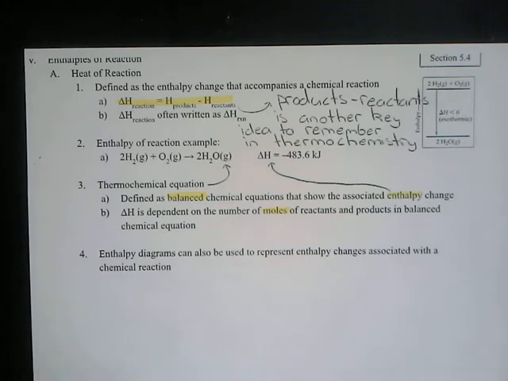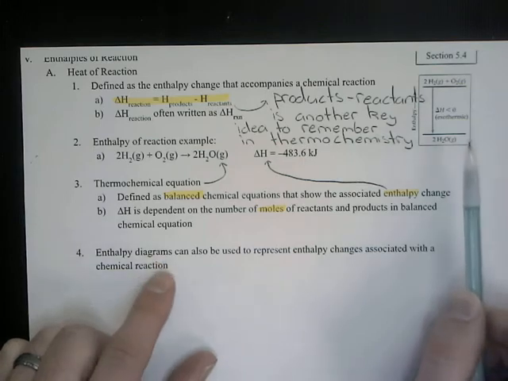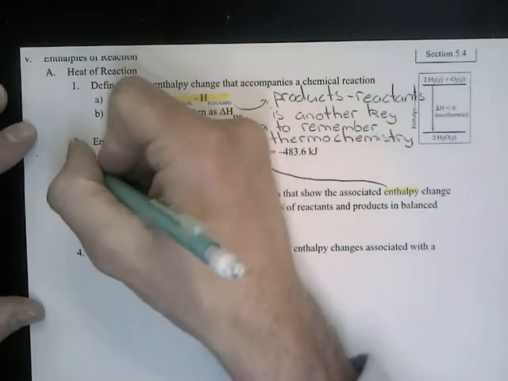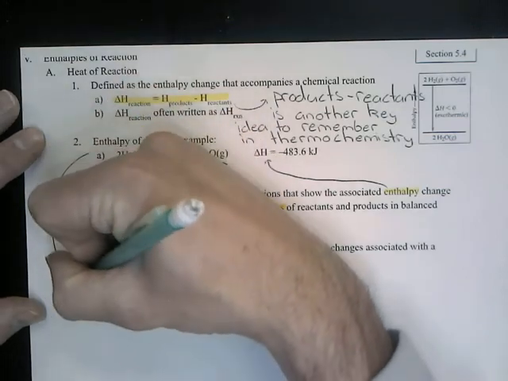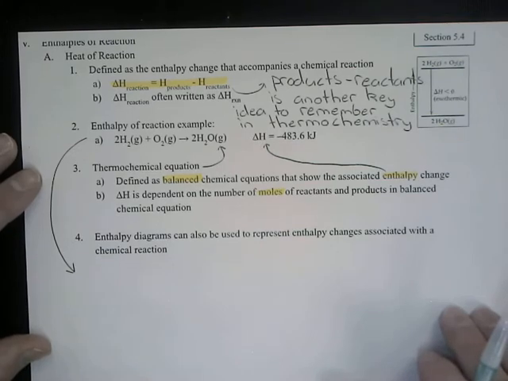Now, what we can also do is draw these enthalpy diagrams to represent what we have here. I'm going to talk about this in a second, but I want to go a little bit more into detail here of our enthalpy of reaction examples.